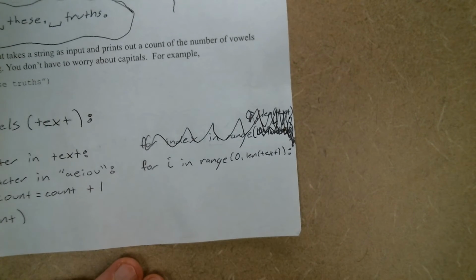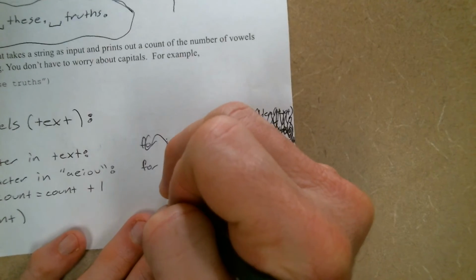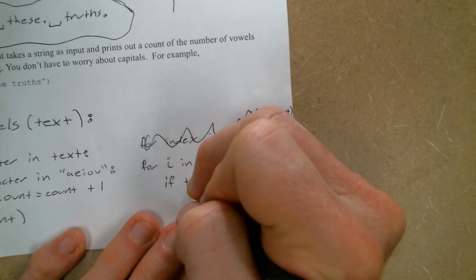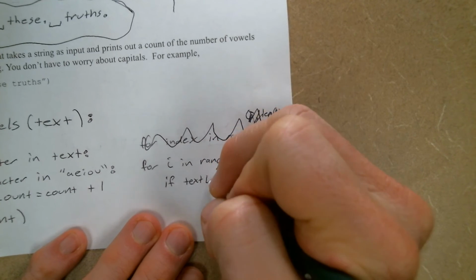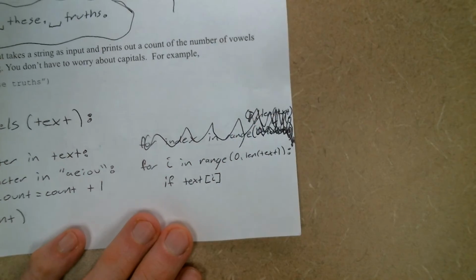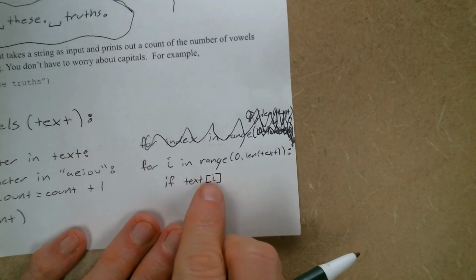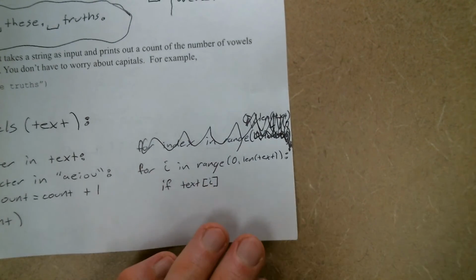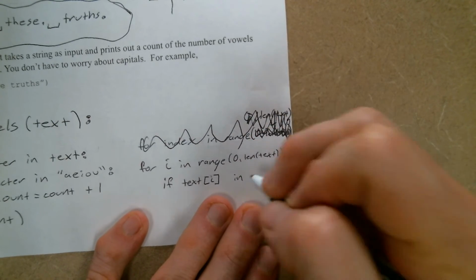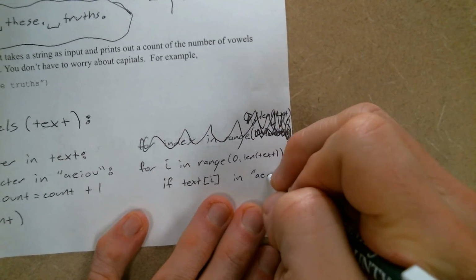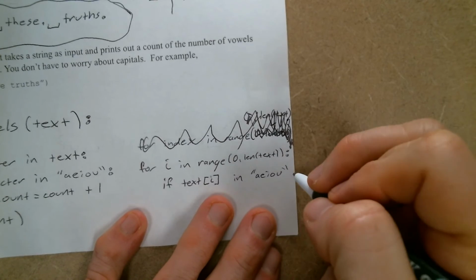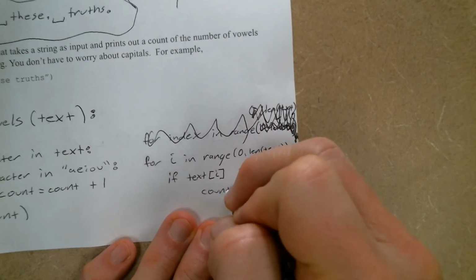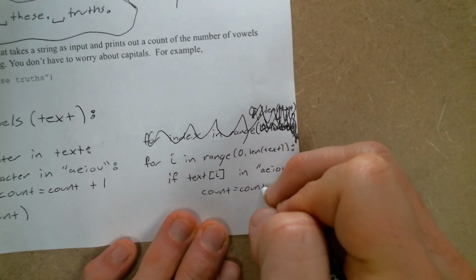So I use that number as the index, and my if statement is going to look like if text of i. I have this extra step where I'm now using this number as an index because it's not the character directly, in A, E, I, O, U. And then everything else is the same. I'd still do count equals count plus 1.